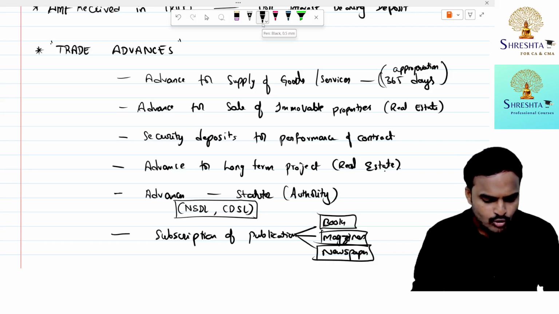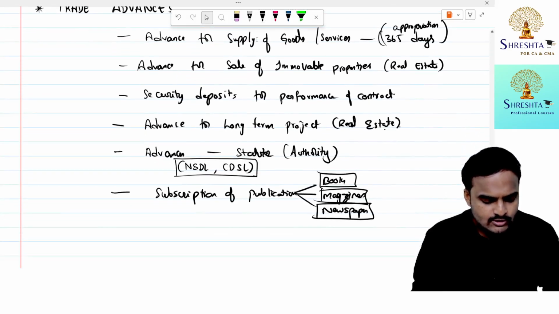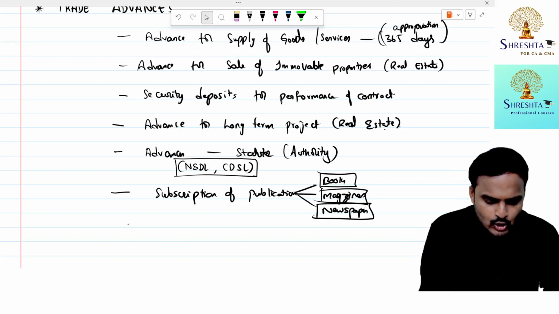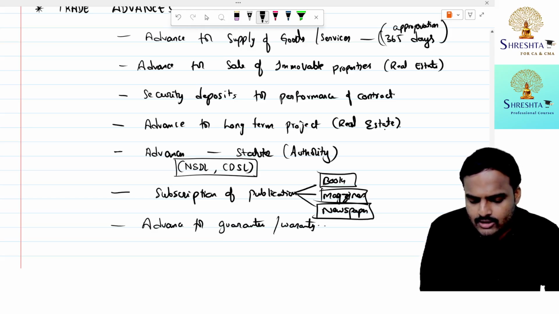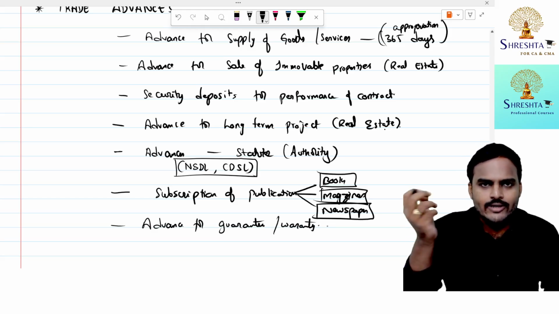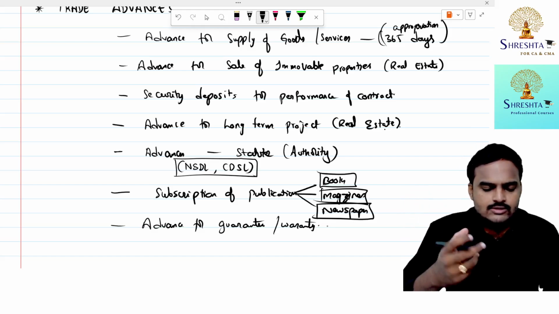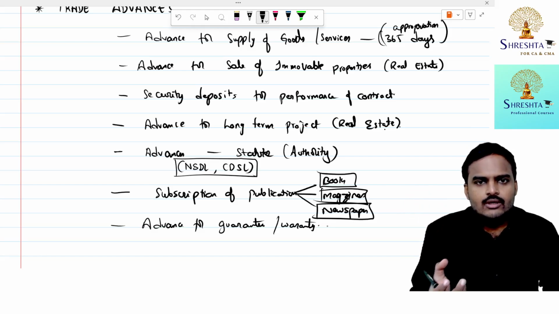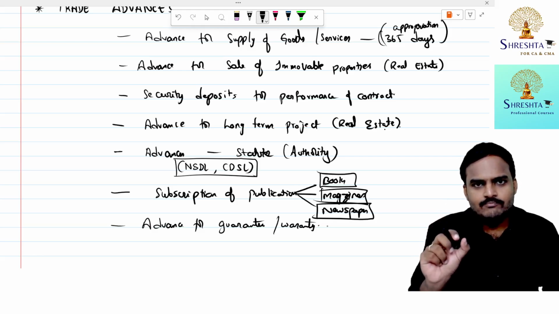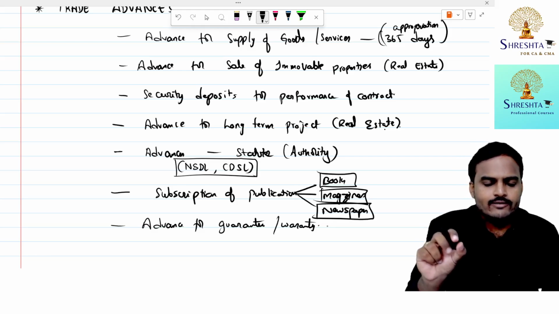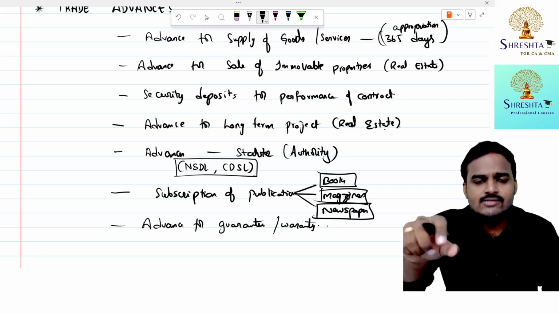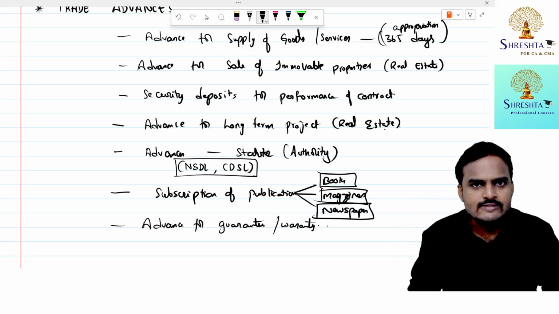Understood? And there is one more point, that point is amounts received for extending warranty services. Advance for guarantee or warranty. During Big Billion Days, Amazon announced Big Billion Days, right? So I made some shopping, and once I selected the item, when I click on proceed to checkout, there is an option for extended warranty, pay extra some 1,000 rupees or 2,000 rupees.